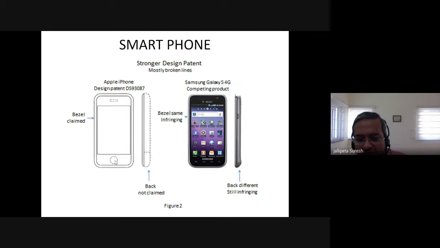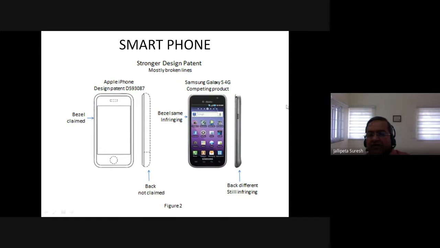In the US, it is called a design patent, whereas in India, we call it an industrial design. They call it a design patent, a non-utility design patent. And now Samsung started producing Galaxy phones, which you see on the right side, having a very similar-looking design to Apple's phone.